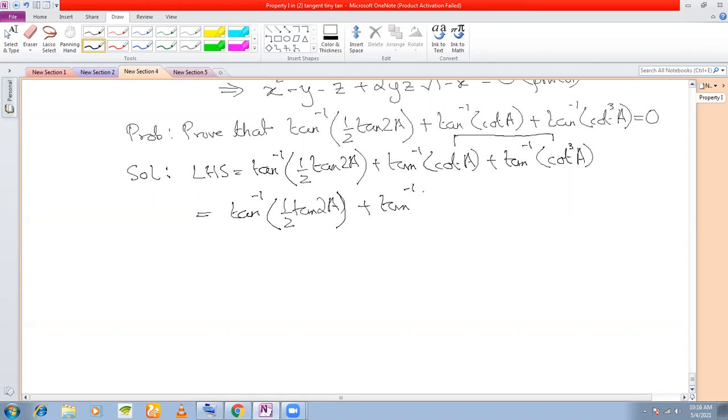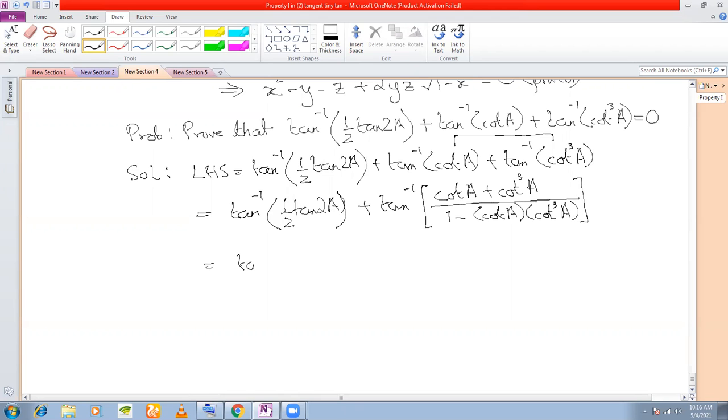Tan inverse. What was the formula? Tan inverse x plus tan inverse y is equal to tan inverse of x plus y by 1 minus xy. Right? This was the formula.